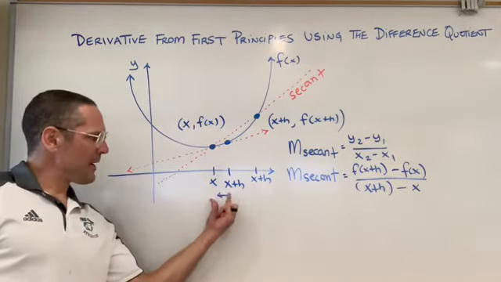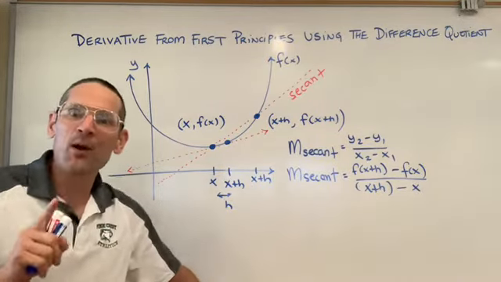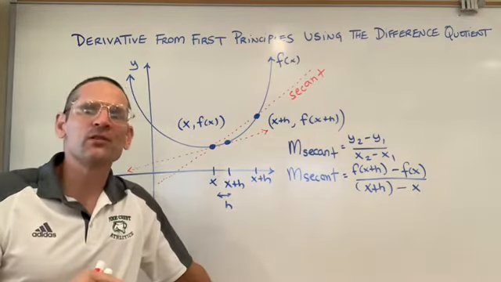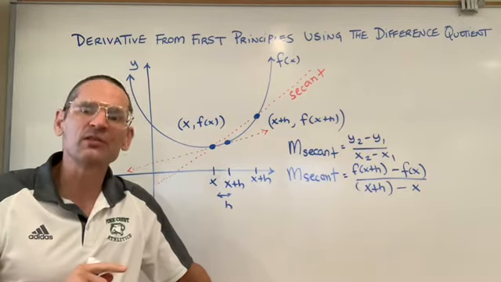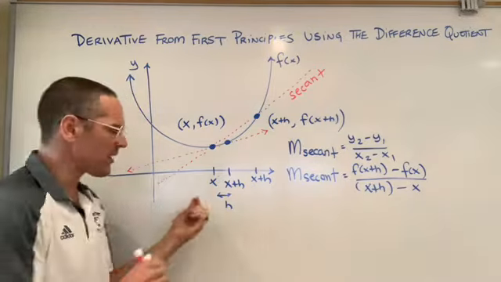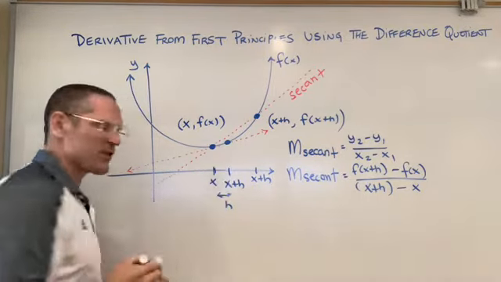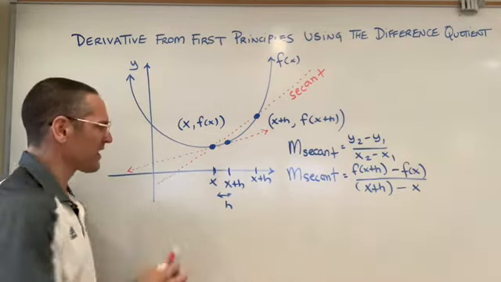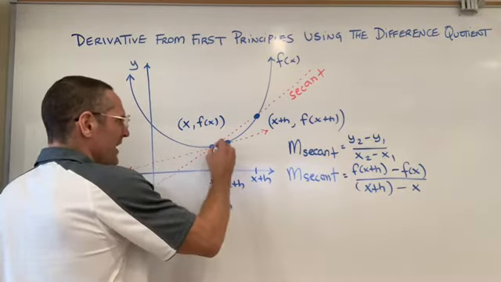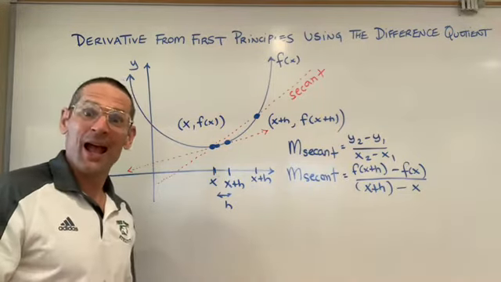Eventually, I can make h so small, meaning 0.000000000000000000000000001 of a centimeter or of a millimeter, so small that x plus h is virtually on top of x, and my point x plus h is virtually on top of my point x.